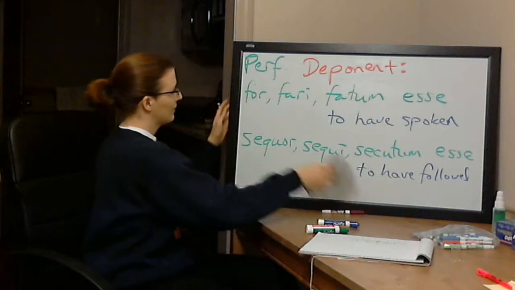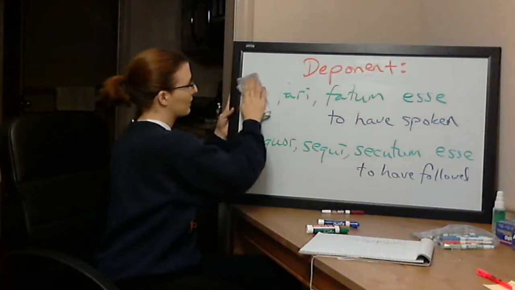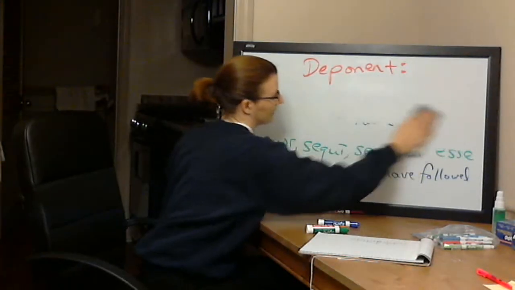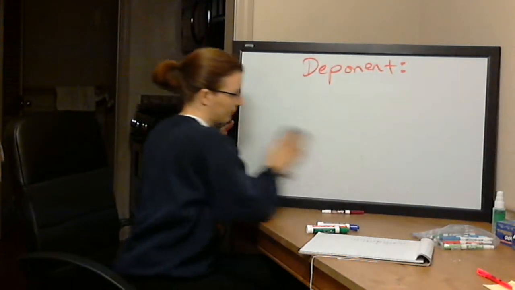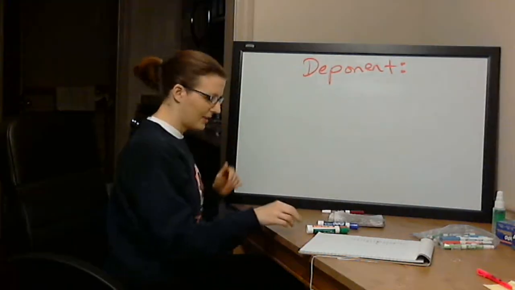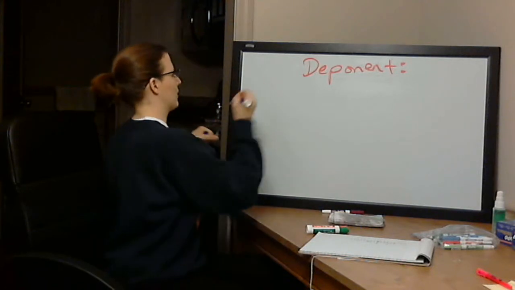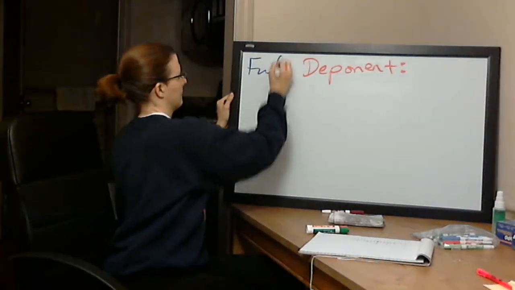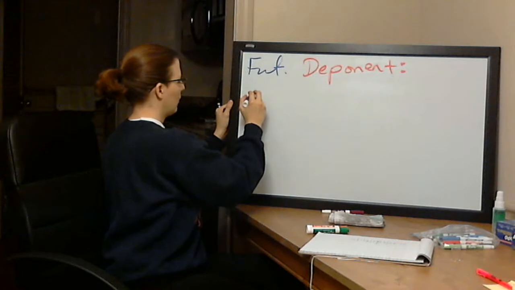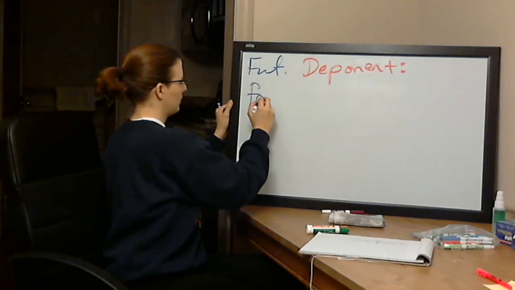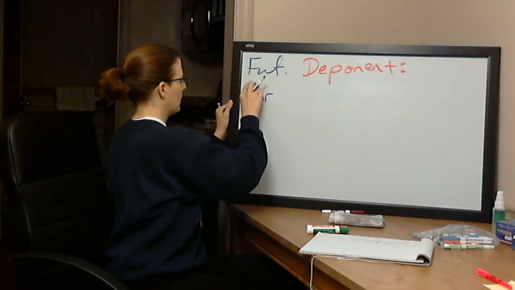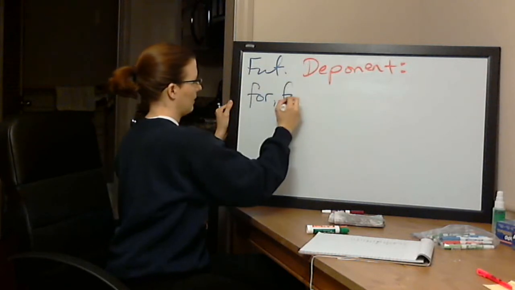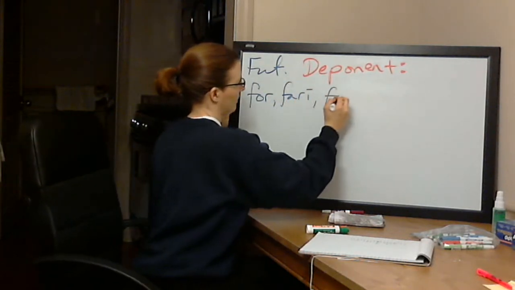In addition to having perfect infinitives, and obviously there is no perfect passive because they're deponents, they only have passive forms but active translations, we can technically have a future. So what we do is just like with any other future, we have our for, we have our fari, and we have that factum.